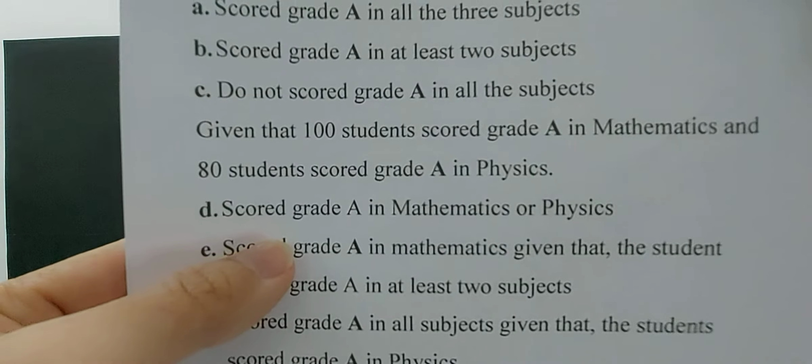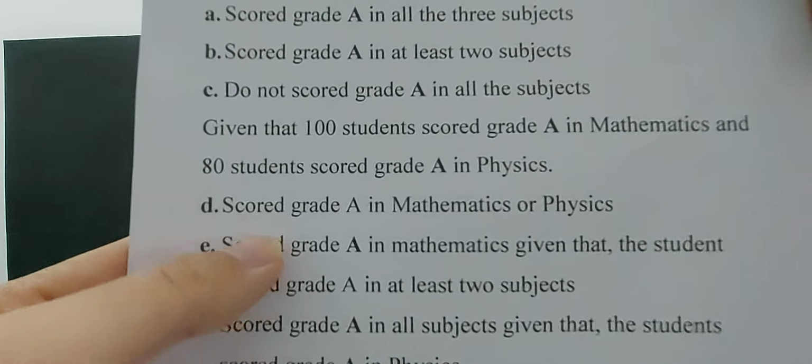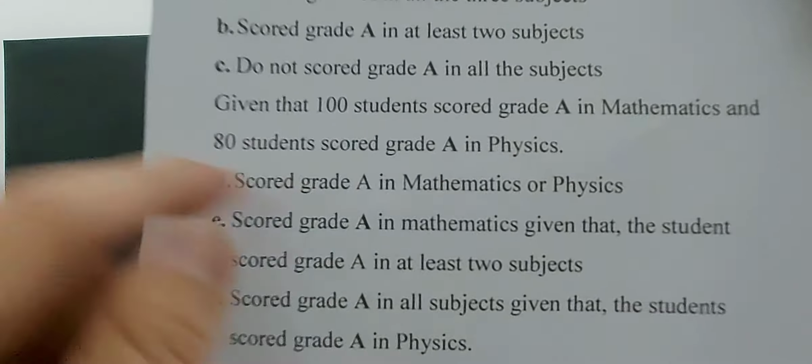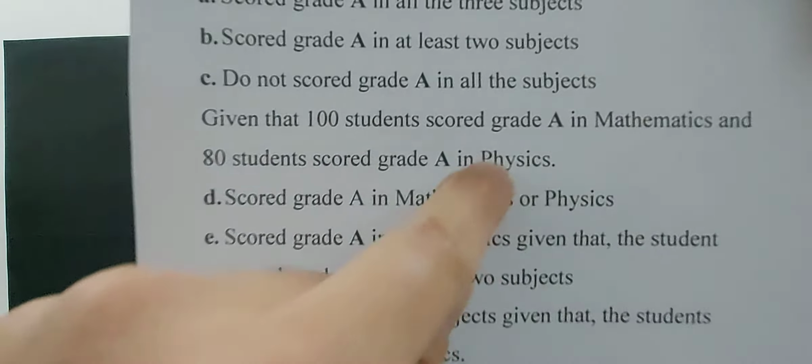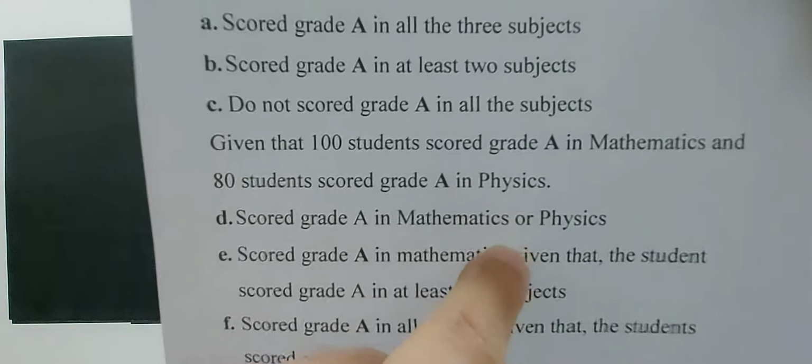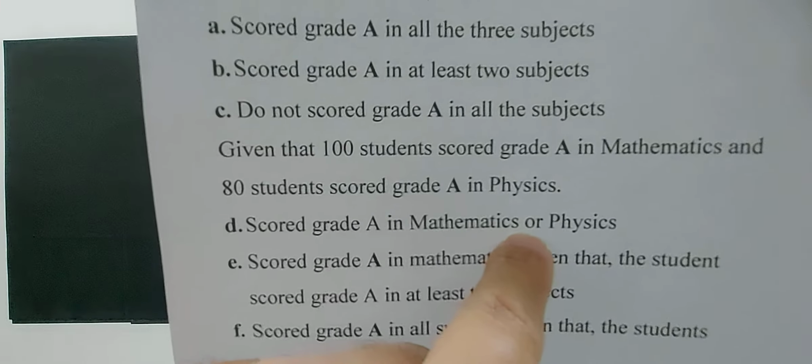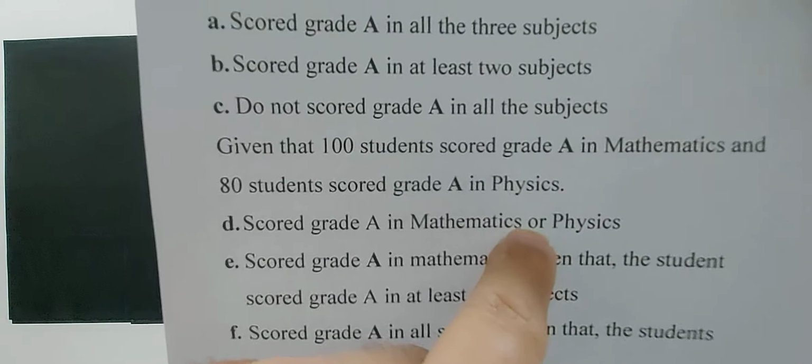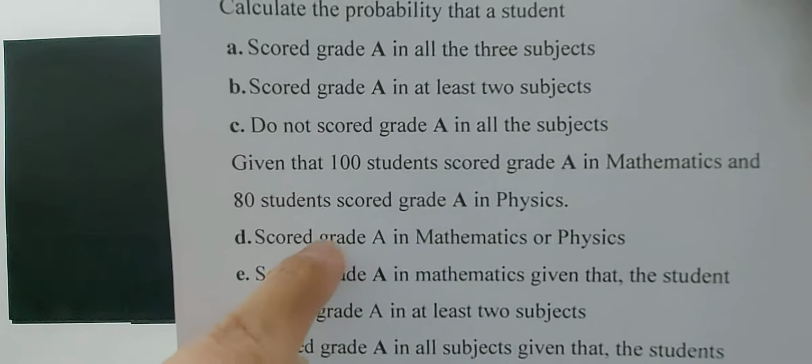Score grade A in mathematics or physics. What is the meaning of score grade A in mathematics or physics? It's the union, when you look at the word "or" here.